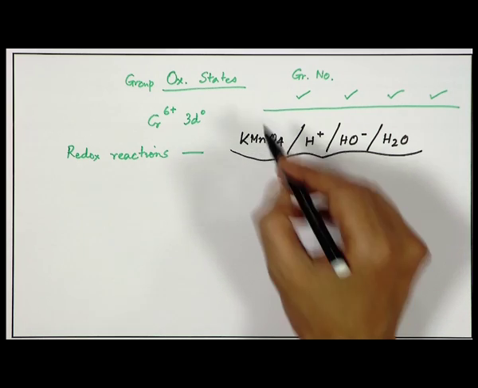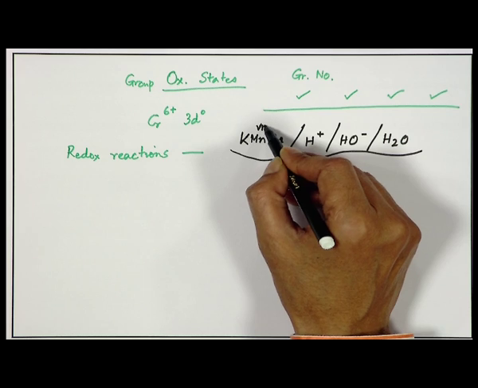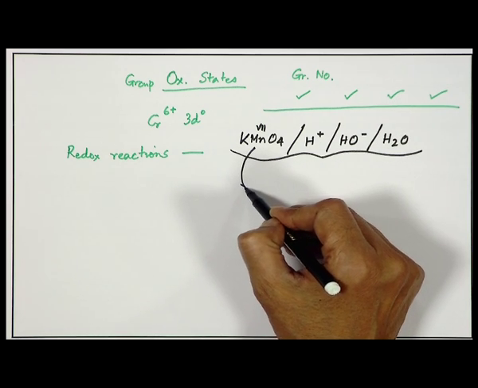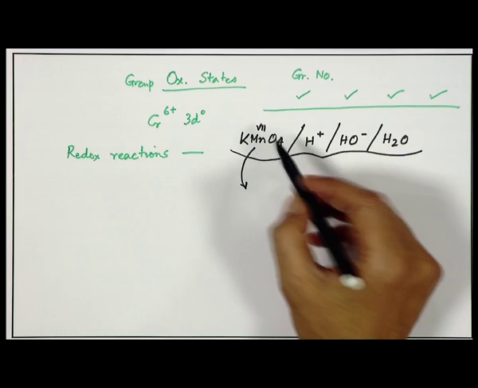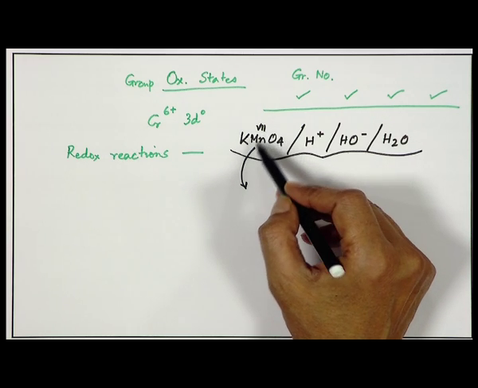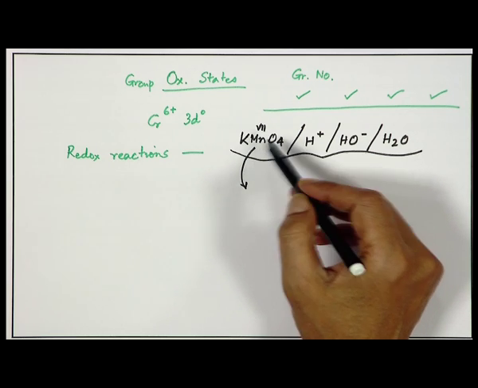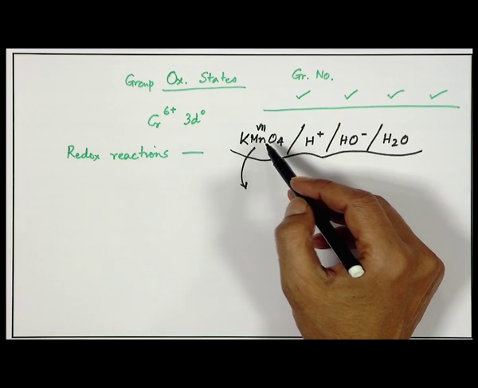But since this is a species where manganese is in the heptavalent +7 oxidation state, it will definitely be reduced, and it will accept electrons. So, this is a typical oxidizing agent.